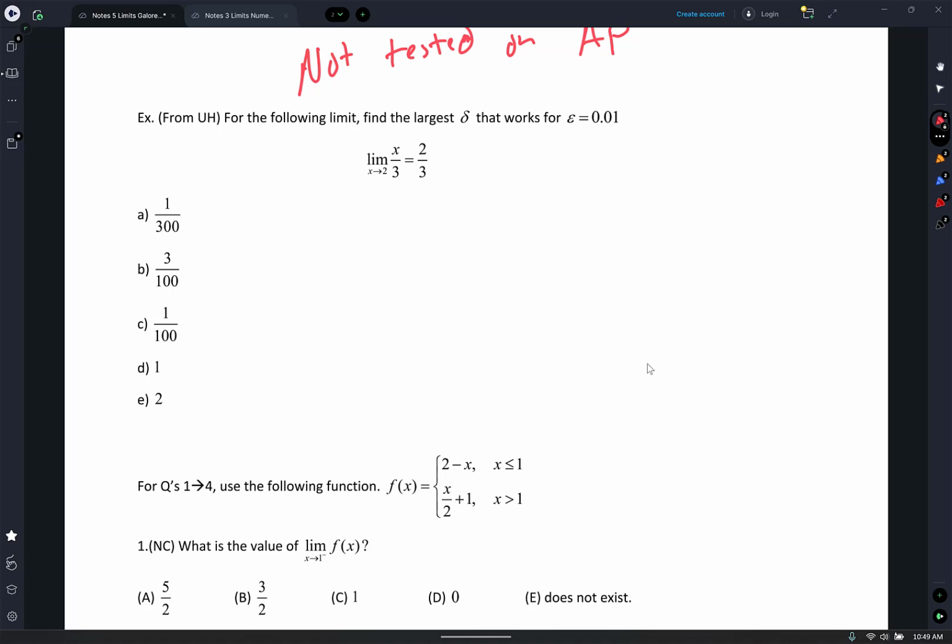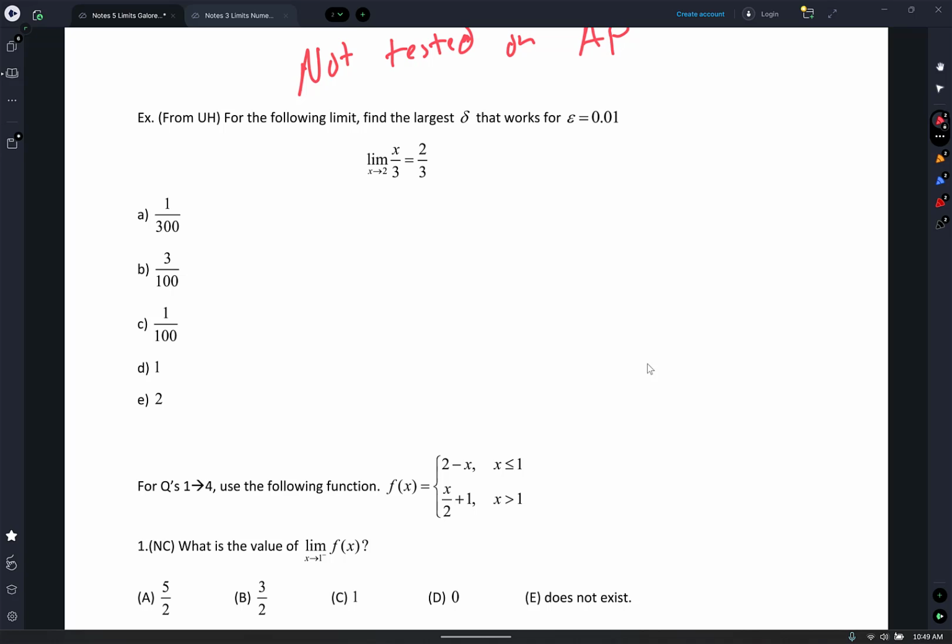The feedback I get from everyone that has taken the AP exam, every year I make my calculus students do a little Google form, and they can be anonymous or put their names. The feedback every year is that the UH is harder than the actual AP exam. So I need you guys to struggle with the UH quizzes. Give it a real shot. If you can struggle with that, that's what builds up your stamina.